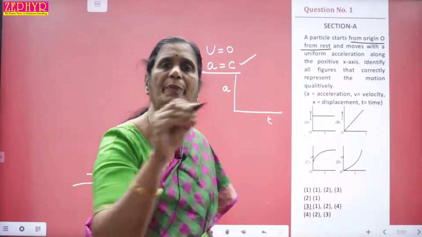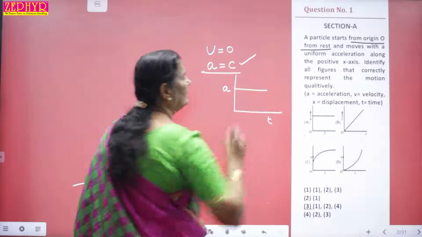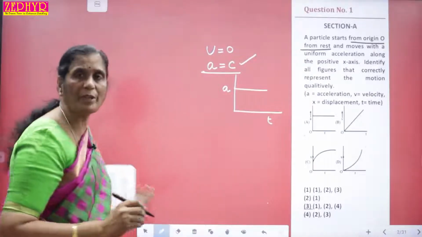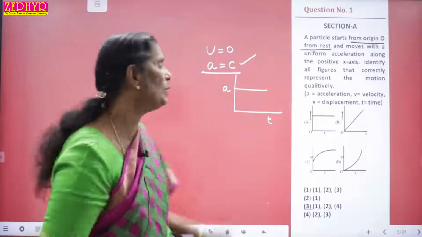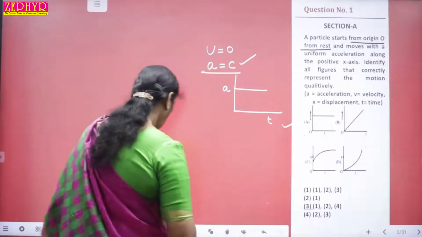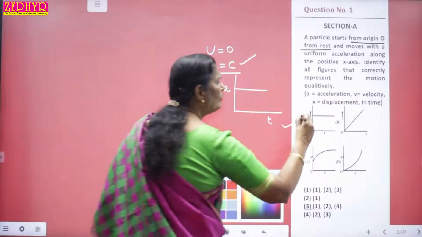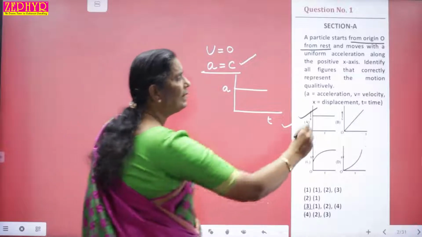X is increasing, but y is constant. So the graph will be like this. Y is a constant means it is a straight line parallel to the x-axis. So this is the AT graph. So we can say A is correct. First choice is correct.